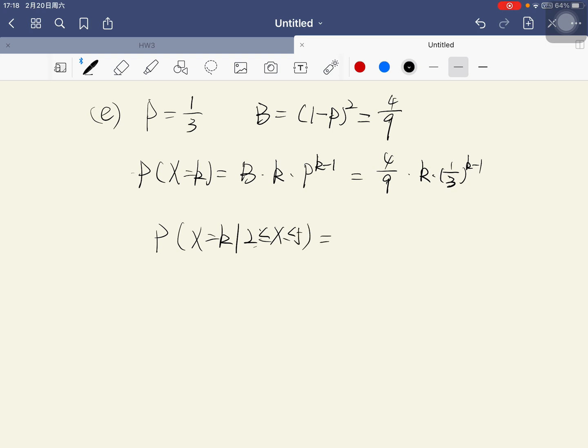We could use the conditional function, and it's equal to the probability of X equals k intersect 2 ≤ X ≤ 5, over the sum of the probability of X equals k for k from 2 to 5.